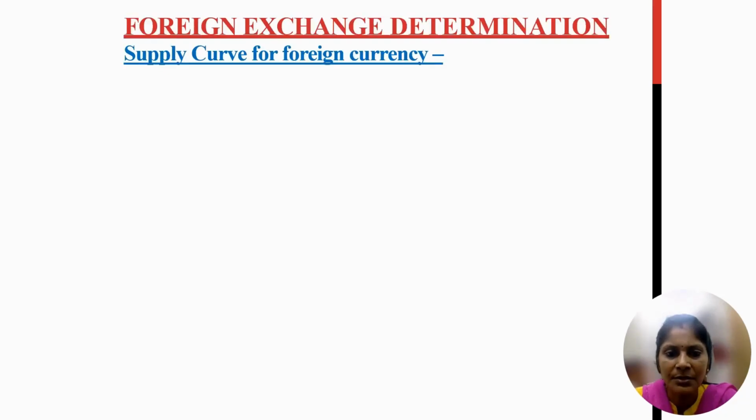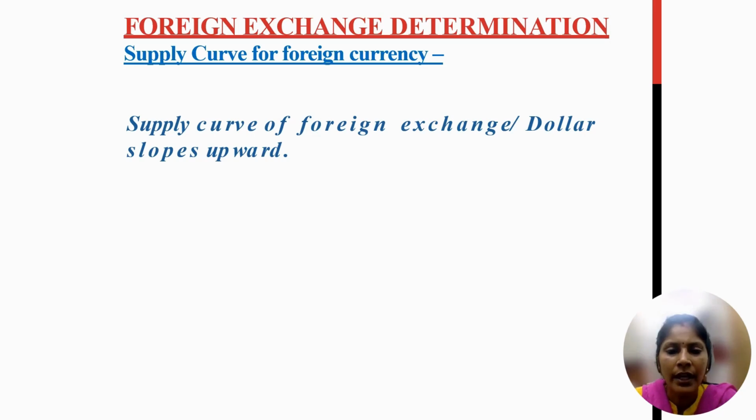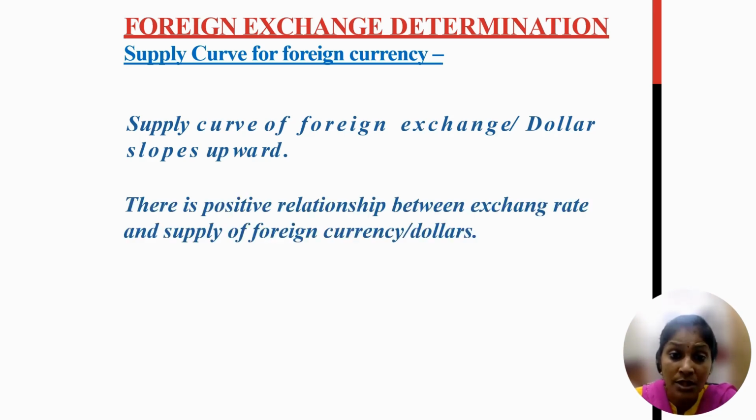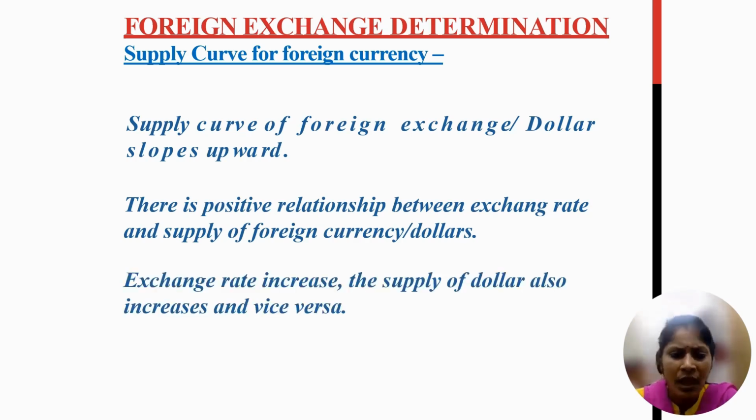It is better explained through the supply curve, which explains the relationship between the exchange rate and the supply of dollars. It slopes upwards, and there is a positive relationship between exchange rate and the supply of dollars. So whenever there is an increase in the exchange rate, the supply of dollars also increases, and vice versa.